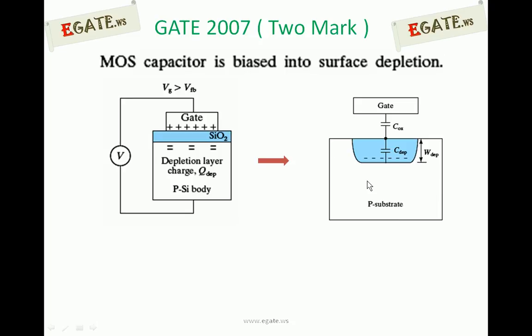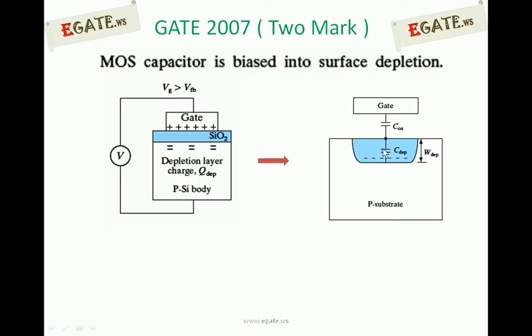Now this p-type substrate acts as one parallel plate, and the gate acts as the other parallel plate. The distance between the plates is now increased. Previously there was no depletion region, holes were present over this place, but now holes are over here, in the p-type substrate, and the parallel plates are separated by a large distance, so the width increases.